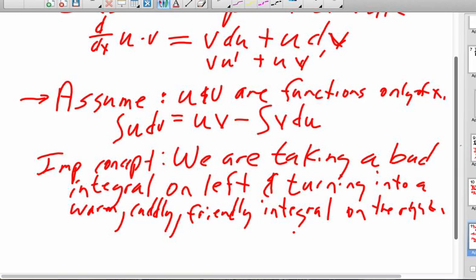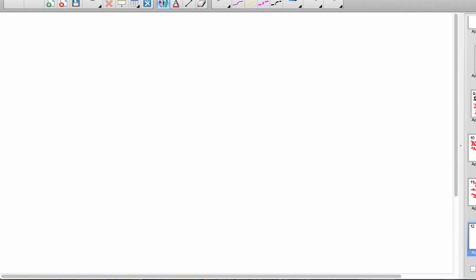So the whole idea is to take the integral we've got here. We don't necessarily worry about what we're going to end up with. Some of these can be really nasty looking. What we want to do is find an integral over here which is nice and friendly and easy to do. Okay, so this is our basic idea of what we're going to do.